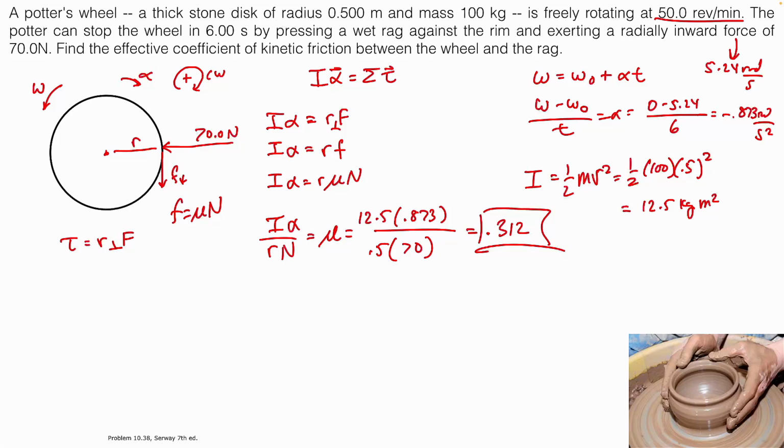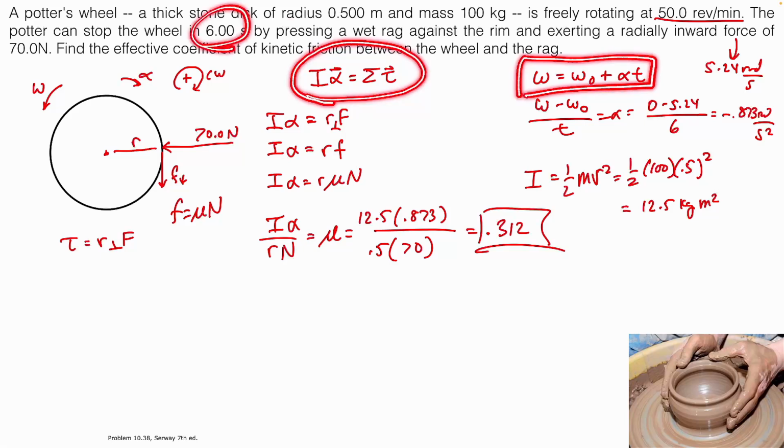It can be a lot, but as you give it time and you really work at it, it'll start coming in. Again, just to overview this one, we used Newton's second law because it was asking about a coefficient. That's usually Newton's second law. Sometimes you can get away with energy, but in this case we had to use Newton's second law. We had to use kinematics because they gave us time.